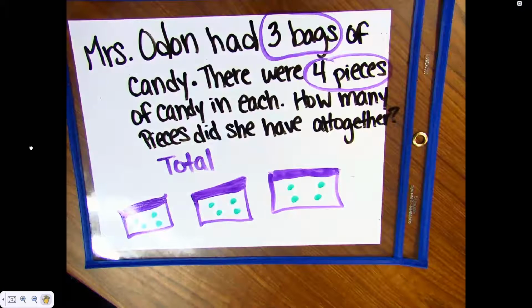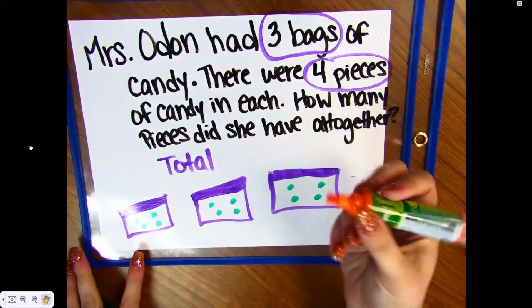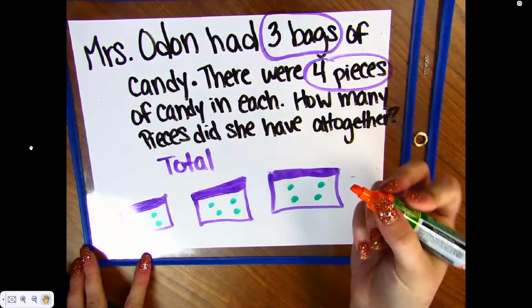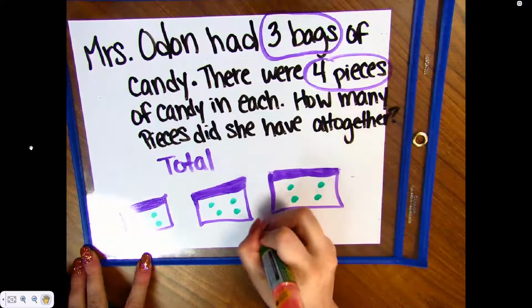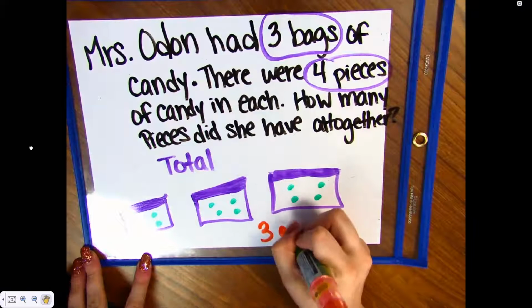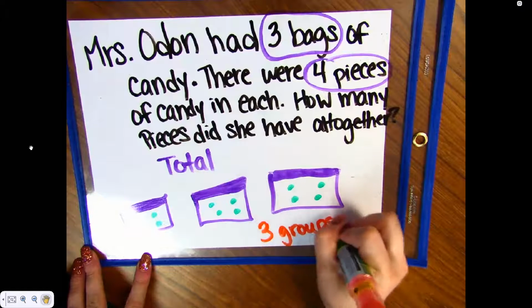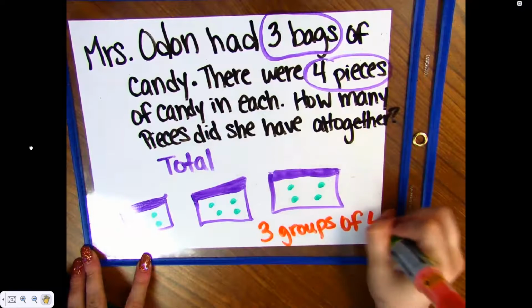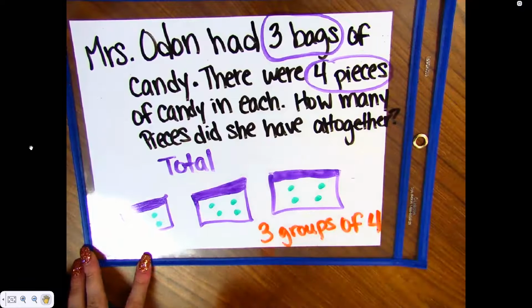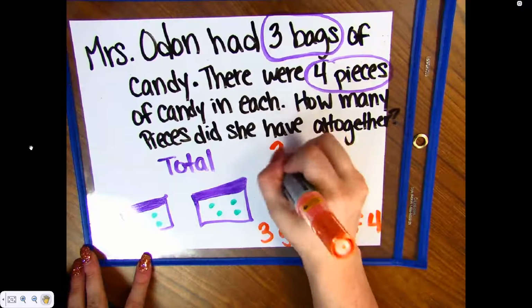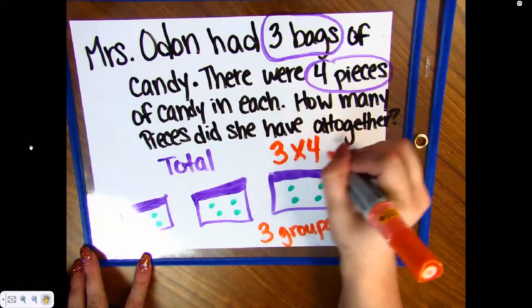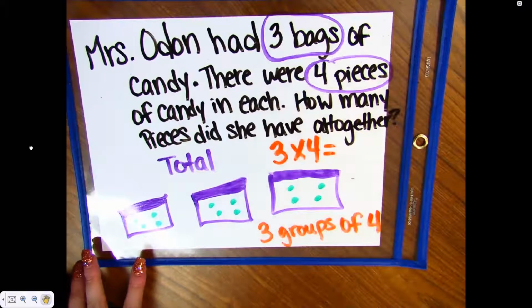I'm looking at what, Camila? 3 groups of 4. So it's 3 times 4 equals.